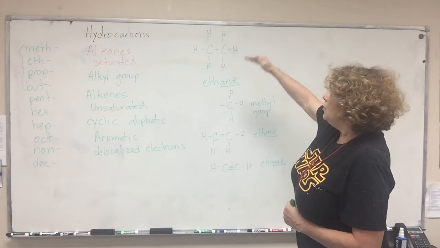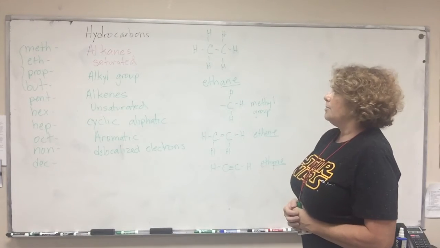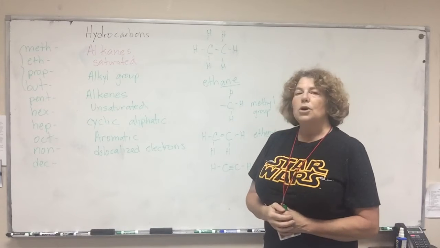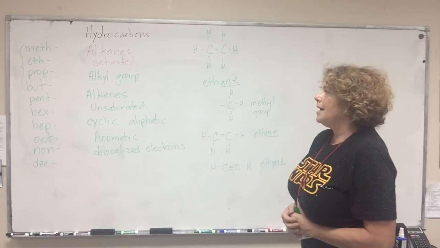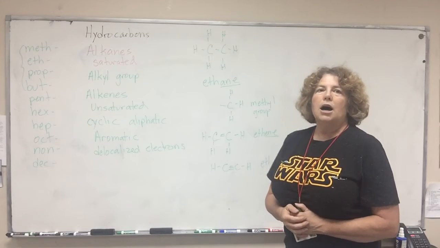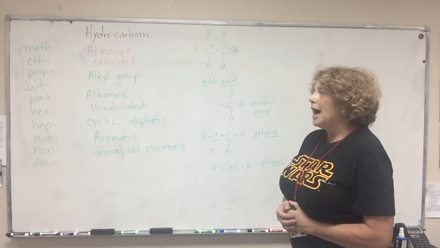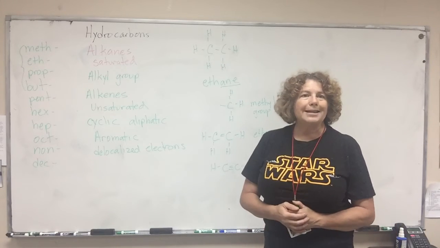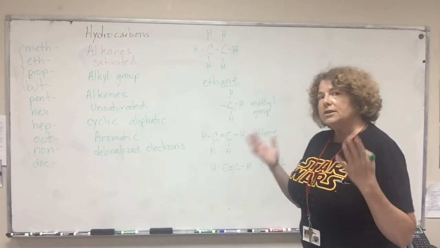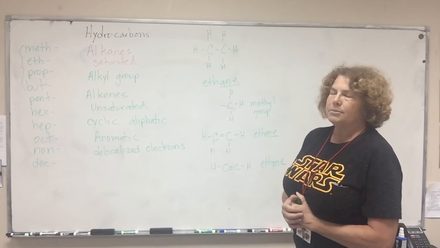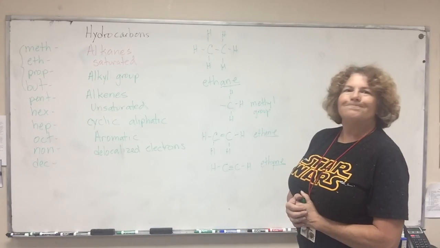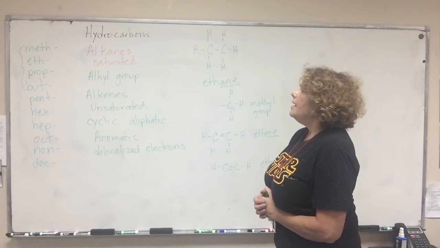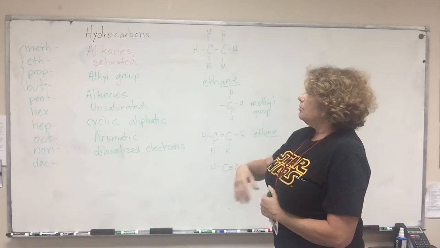So that's how you would name your hydrocarbons. Your basic hydrocarbons would be like methane, propane, butane. If you have ethyne or butyne, you can have pentyne. You can't have methyne, I'm sorry, because it's only a single carbon. All right, so those are the prefixes.